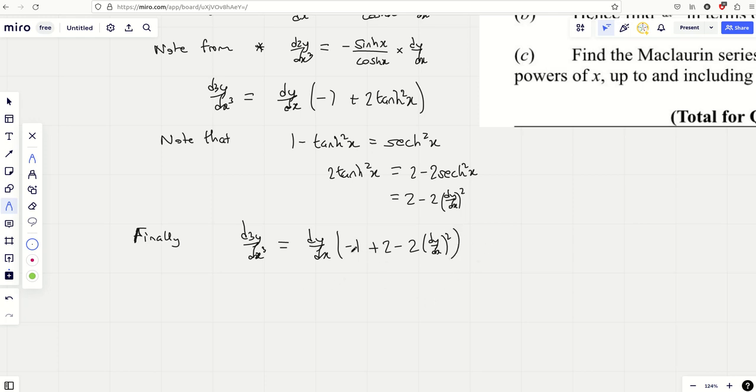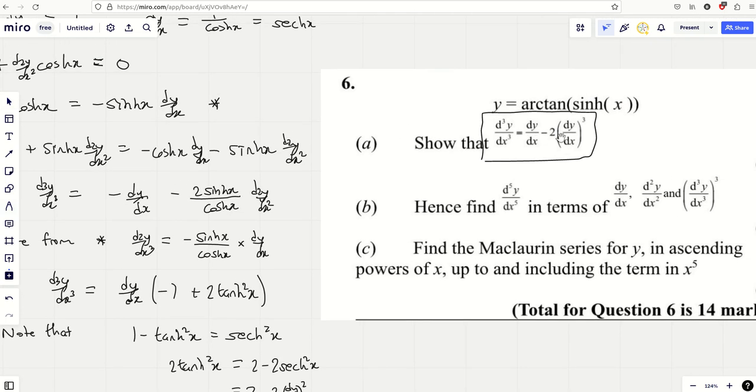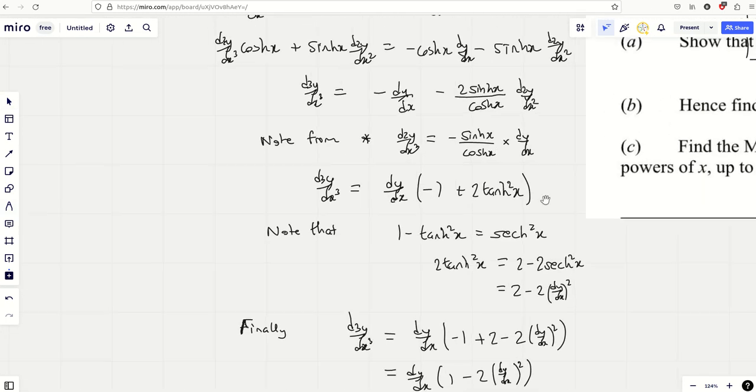And what does that give us? It gives us a positive one, which we wanted, minus 2 dy by dx squared. But if you multiply it out in the brackets, you'd have their answer, I believe, which is 2 dy by dx all cubed. And that completes the proof. Let's just check that's what they wanted. Yeah, perfect.